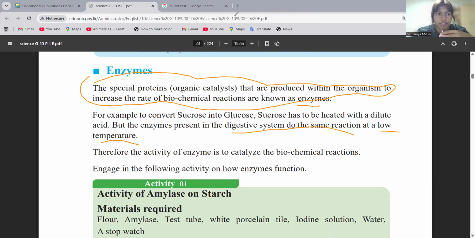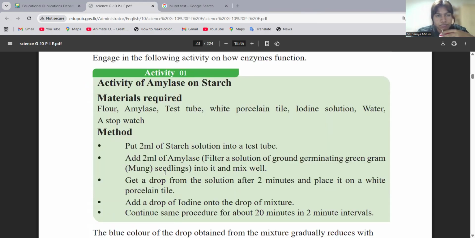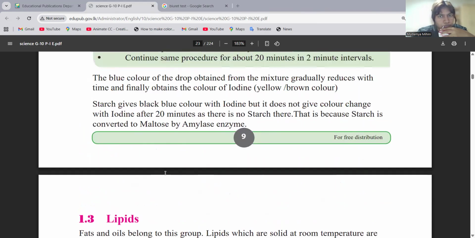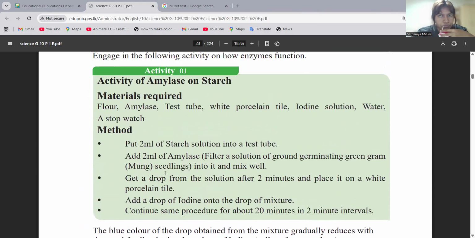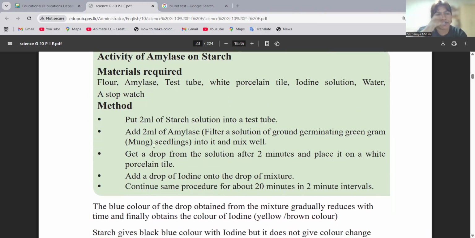So next we can see an activity you can use to see the reaction of amylase on starch. What we are going to do is take a test tube as usual and put 2 milliliters of starch solution.